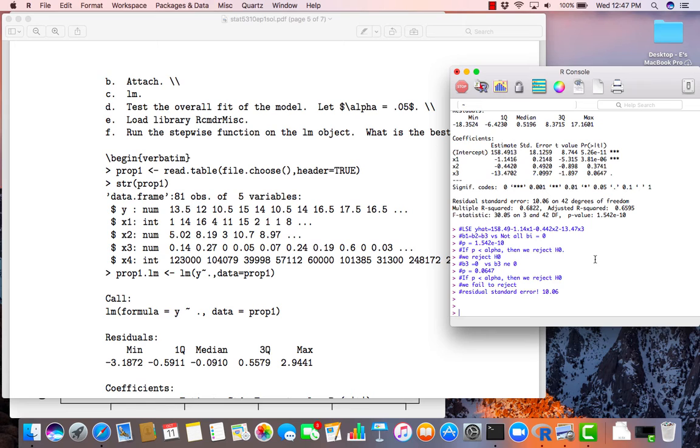Okay. So let's do prop1, assign read.table, file.choose, header equal capital TRUE.